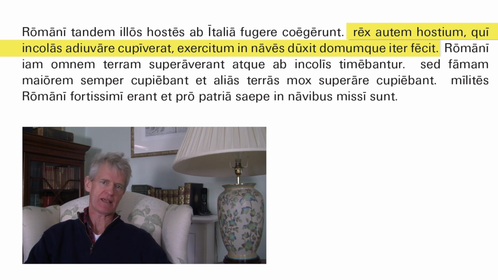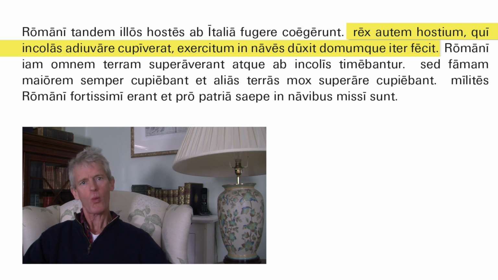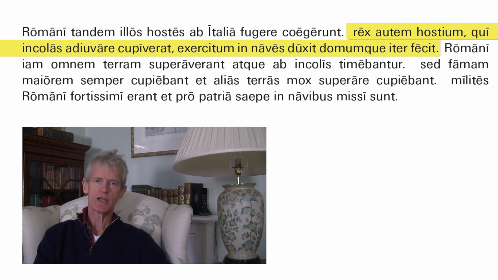The king of the enemy, however, qui incolas adjuvare cupiverat, who had wanted, cupiverat, pluperfect tense, who had wanted adjuvare, to help, incolas, the inhabitants. Okay, exercitum in naves duxit. Led the army into the ships. So led his army into the ships.